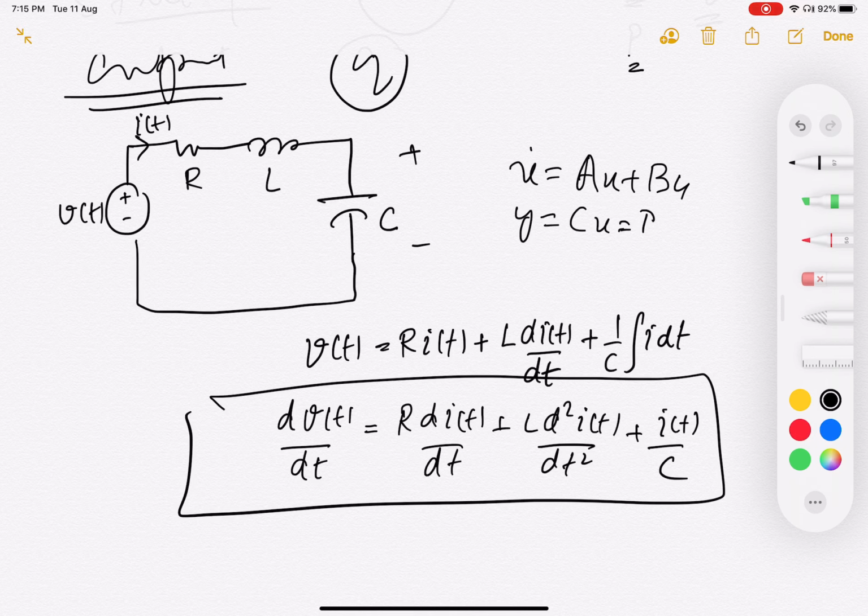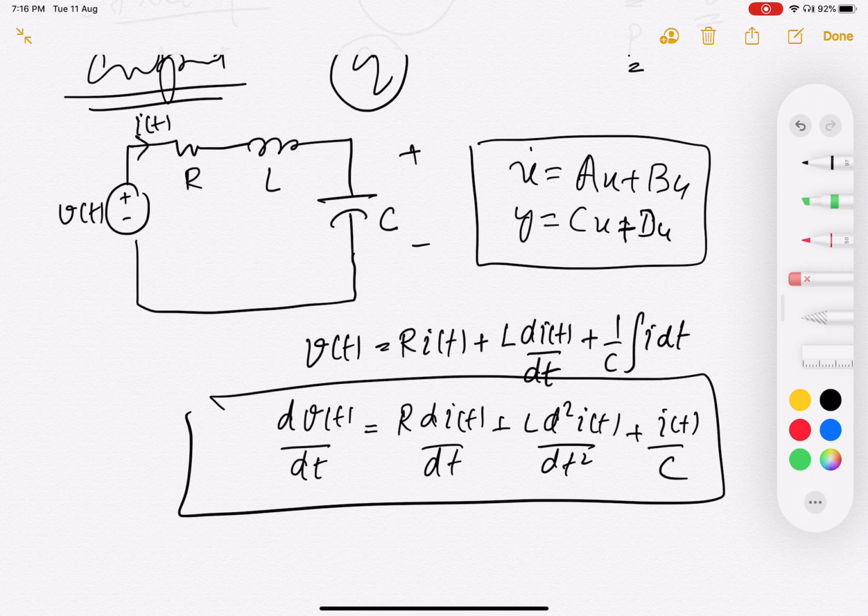We want to identify the state variables, the inputs, the outputs, and then put them in this form and say what is the value of A, B, C, and D. Now, how do we do it for circuits? For circuits, remember that the state variable vector is special. There could be many system variables, right? Current is a system variable.